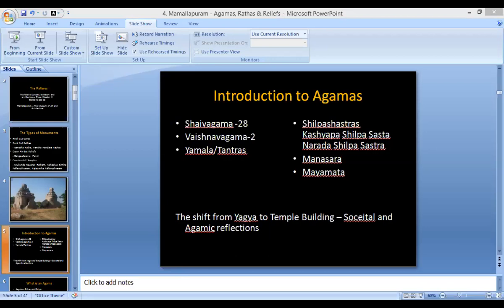Silapatikaram says, Mayan Vidittanna Manikal Amali Misai Nedinilai Madattu. So the Madam is constructed as per the Vidhi, the rules told by Mayan. So Mayamata was probably in vogue in Tamil Nadu even during the earlier times of Silapatikaram itself.